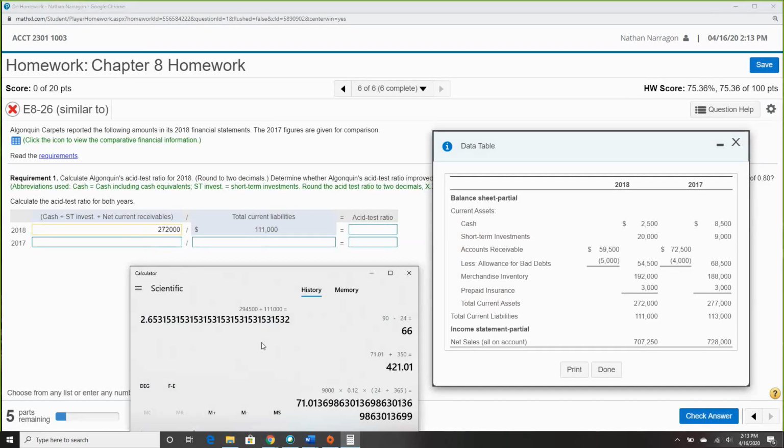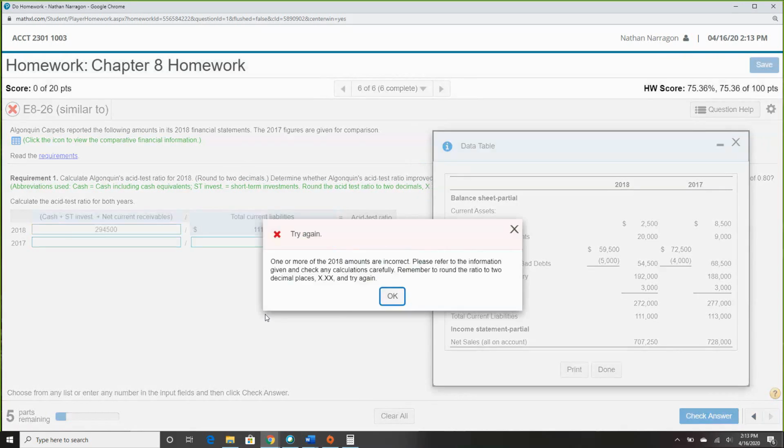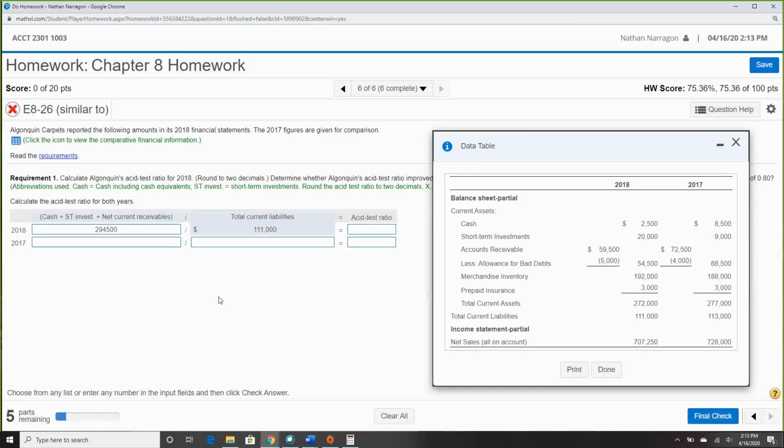It has to be 294,500 plus net current receivables. Oh, guys, I am kind of dumb on this one.